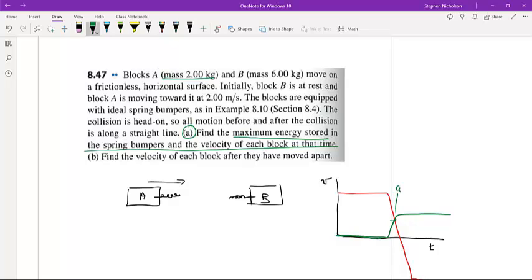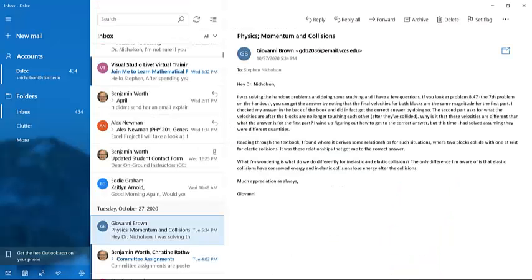This is part A, and then part B would be here, where once they start moving relative to each other, you've compressed them, they've reached the same velocity, then B continues to speed up further, but this one is going to change direction at this point, and then it'll start going backwards, and then they'll separate. And the final one is where they have completely separated. I think that's answering that question.